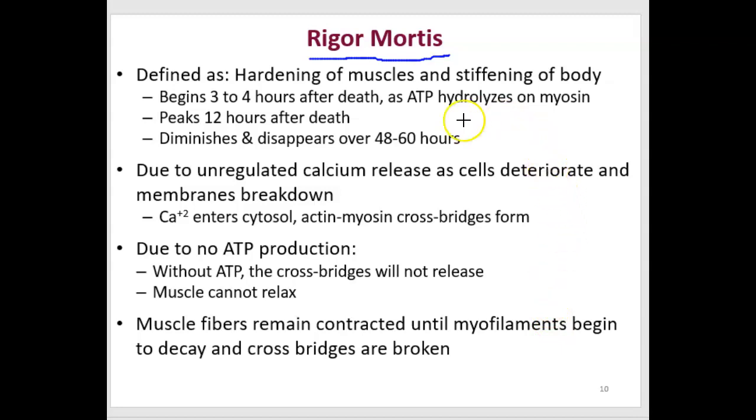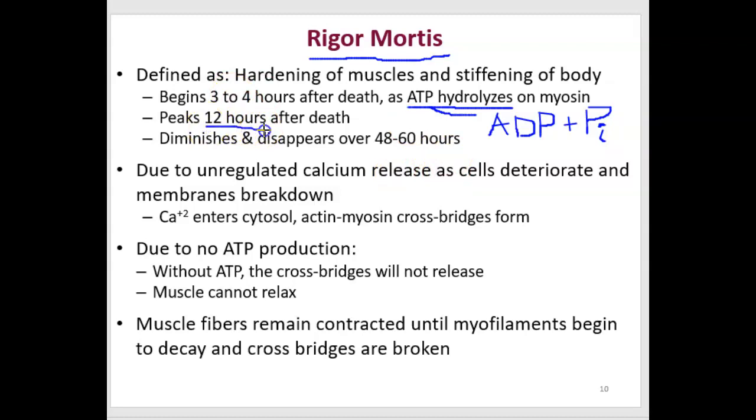And it occurs because any myosin heads that are bound to ATP will be breaking down ATP into ADP and inorganic phosphate, which of course allows the myosin head to bind to actin. No energy required, no oxygen required, no nutrient required, so death doesn't matter. So you'll still get cross bridges forming.